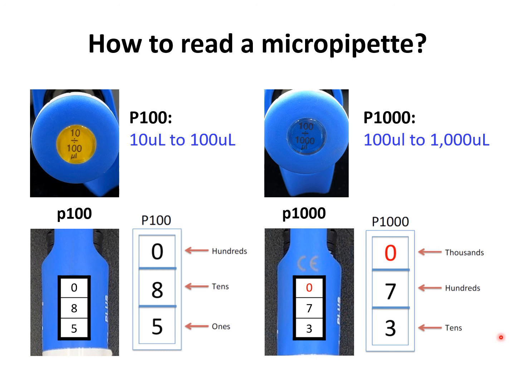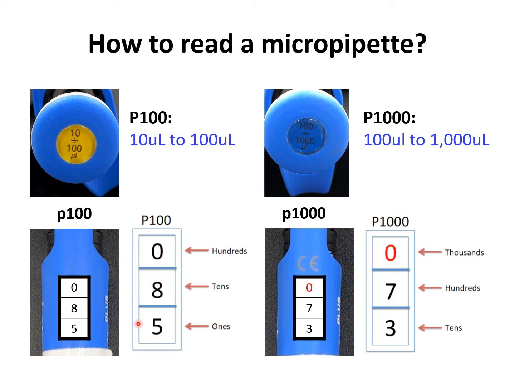Okay, so again, make sure that you know which micropipette you are using. Even if you set those 2 micropipettes to the same number, like 085, they're both 085.